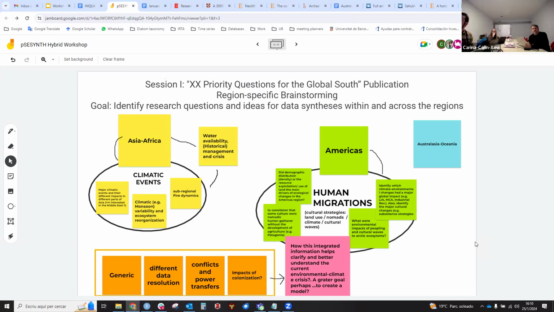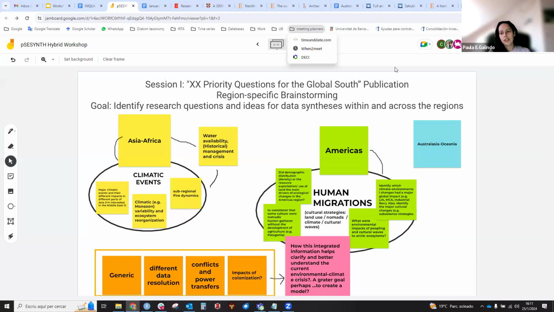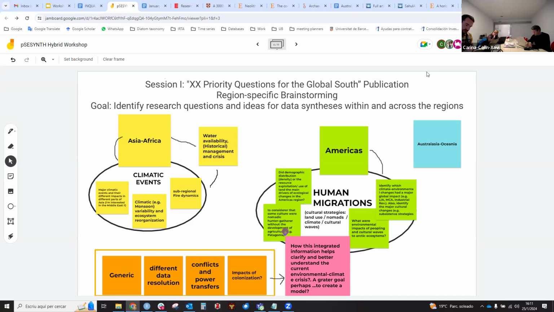So here, with the ones that I have, I made a group for climatic events, but mostly that's the interest that rises in Asia and Africa. And then for America, it's more the human migrations and how the cultures adapt to conquests or the movement of people from one area to another because of climate or because of cultural things.